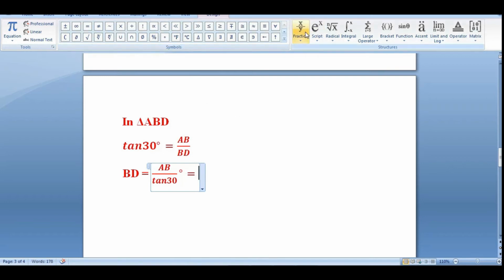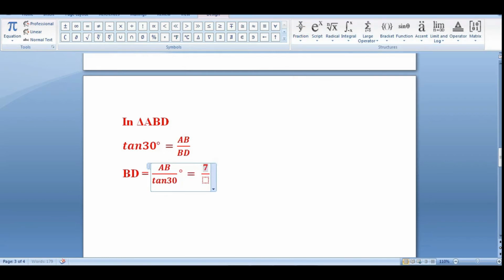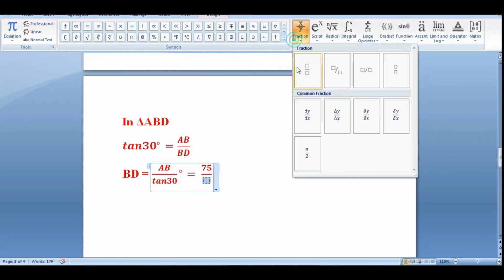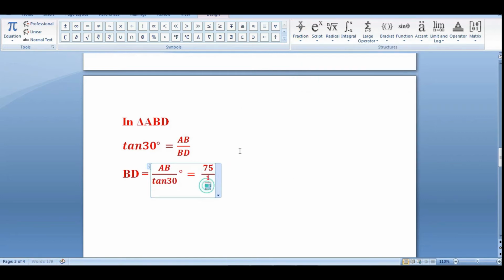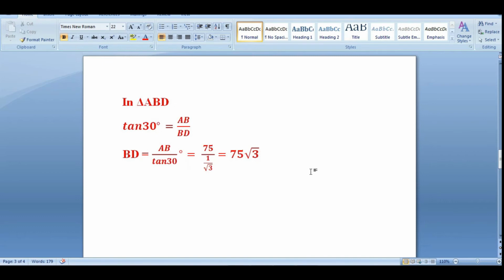So AB length is how much? AB is 75 meters. And tan 30 degrees how much? It's 1 by root 3. So all over this will be how much? It's 75 root 3. So that's the entire length, the BD length. Okay.